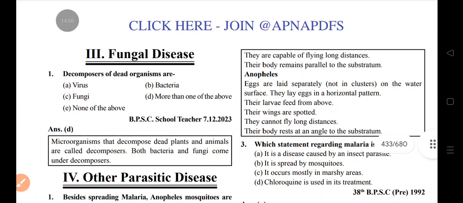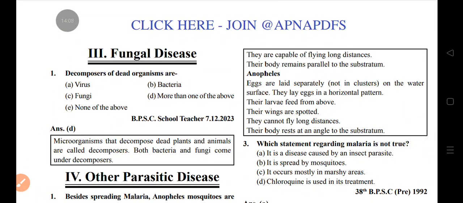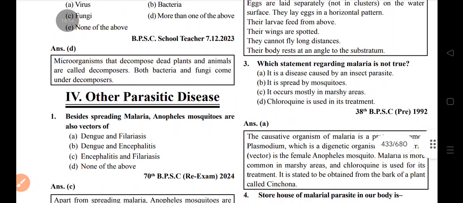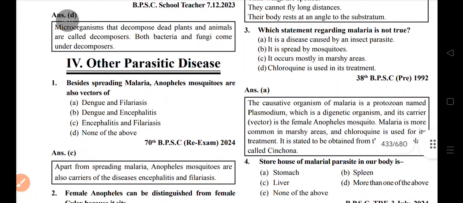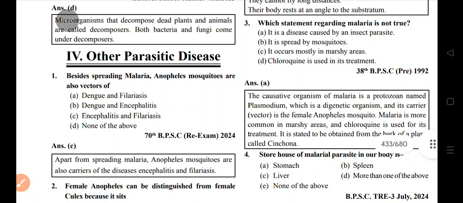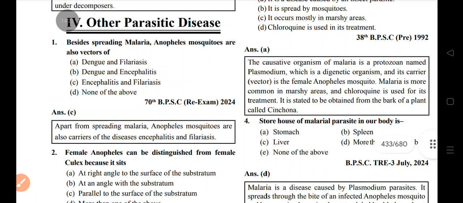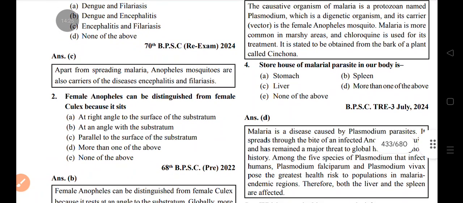Fungal disease. Decomposers break down dead organisms: bacteria or fungi. Other parasitic disease: malaria. Anopheles mosquitoes are vectors of malaria; Culex of encephalitis and filariasis. Female Anopheles can be distinguished from female Culex because it sits at an angle with the substrate.